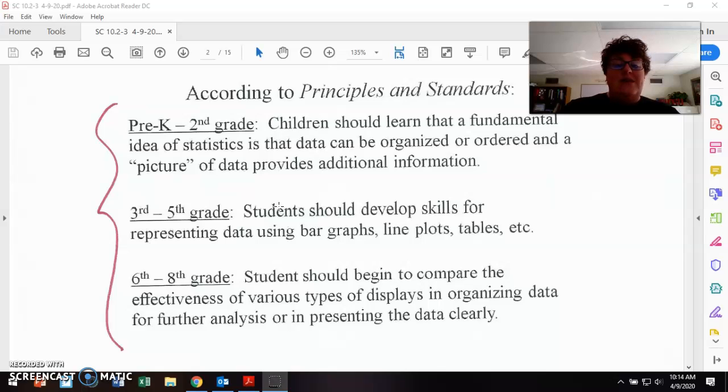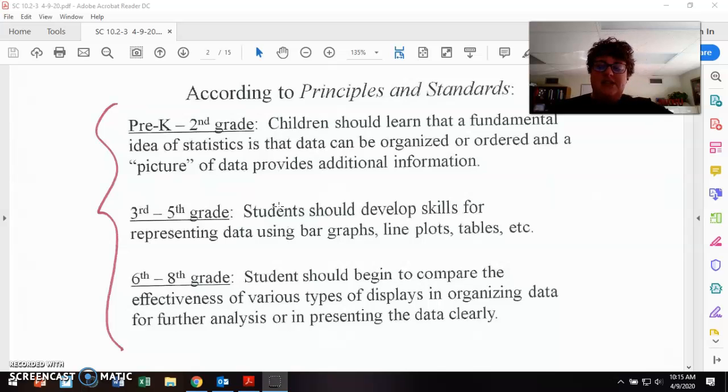It starts out just looking at pictures, putting things in order, and then slowly goes to creating graphs and reading graphs. Being able to create an efficient chart, or know if it's an efficient chart or graph, is going to be important, and then teaching your students how to read graphs.